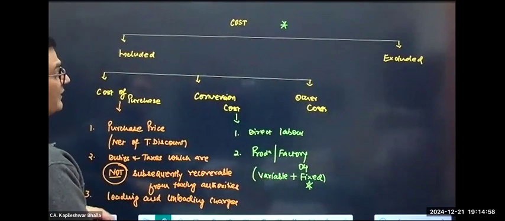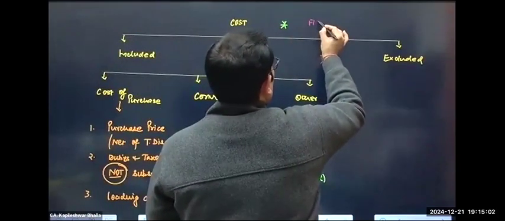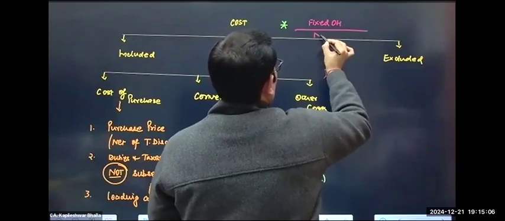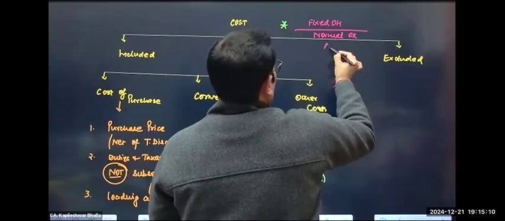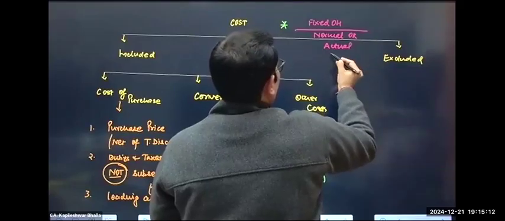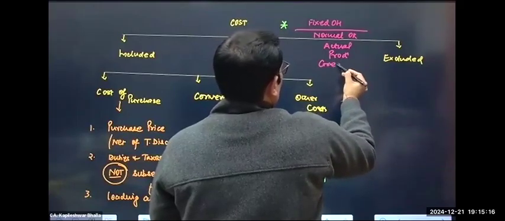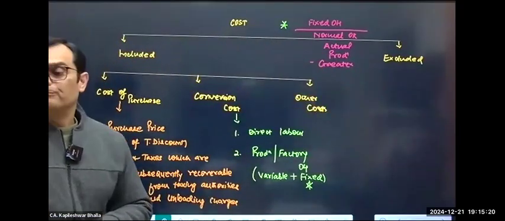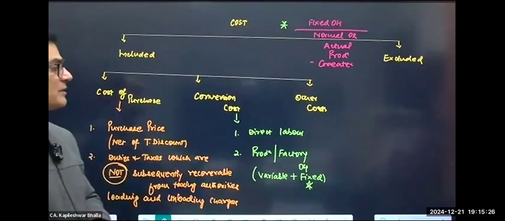So in this particular case, we've decided that when you take a recovery rate, you will take the fixed overheads and divide it by normal or actual production, whichever is greater. This is how the recovery rate will be computed. Okay, so this is on the cost of purchase and the conversion cost.